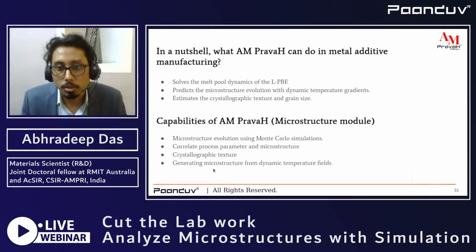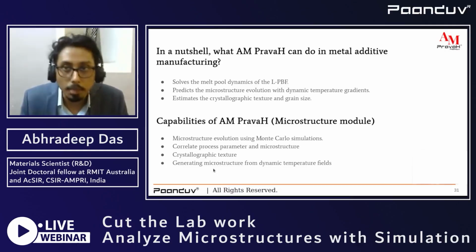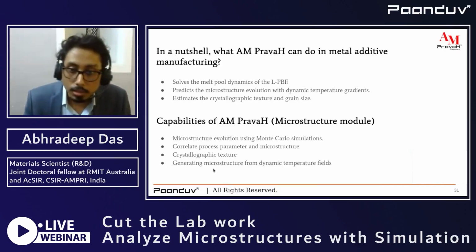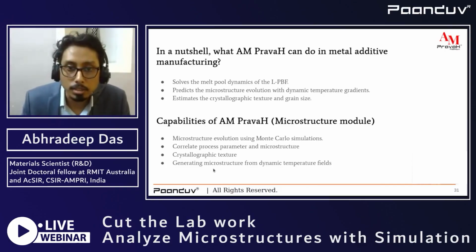Generating a microstructure from the dynamic temperature fields has been a great opportunity for users, so that they can apply the same idea not just to laser powder bed fusion but also to other manufacturing processes such as WLAM and WAM. This gives us the capability to be a digital twin of the entire additive manufacturing process.